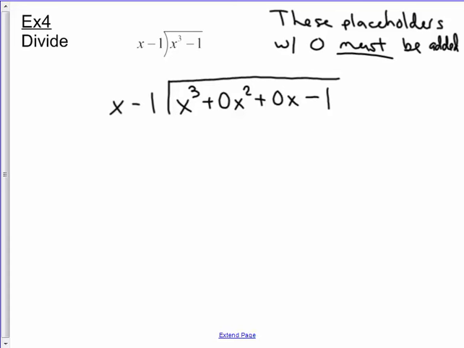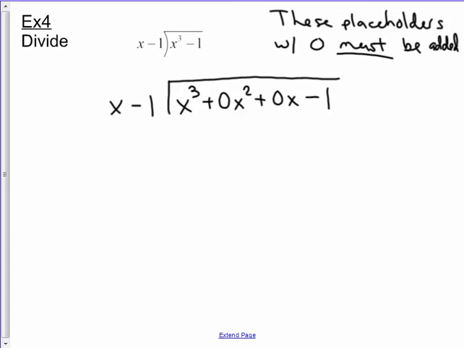Notice it goes x cubed, x squared, x, and no x's. Again, if this was x squared minus 1, I would have to add a placeholder outside as well. X squared plus 0x minus 1. In this case, it's not. So I don't need to, but you will encounter some problems where you may need to.